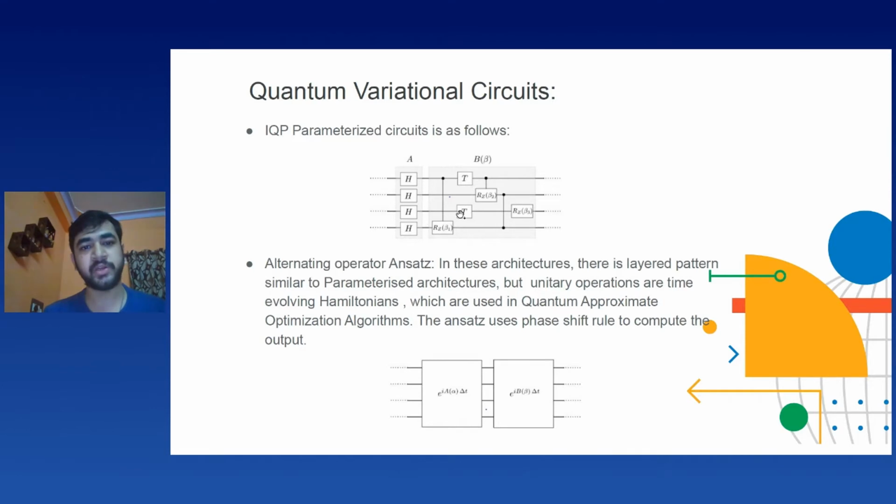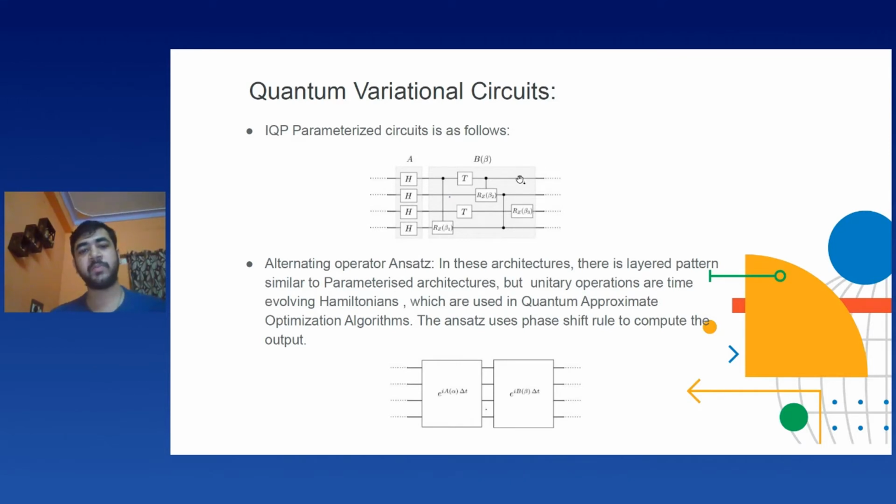For the 3rd qubit, you have a T gate, which is nothing but a phi value of pi by 4, that is 45-degree rotation. So followed by an RZ gate. And then you have the 2nd qubit, which is operated by a simple RZ gate. And the first one is just a simple T gate, which is pi by 4. So these kinds of parameterized circuits can be used along with layers. So if you see clearly, this A block is a layer, and this B block is a layer.